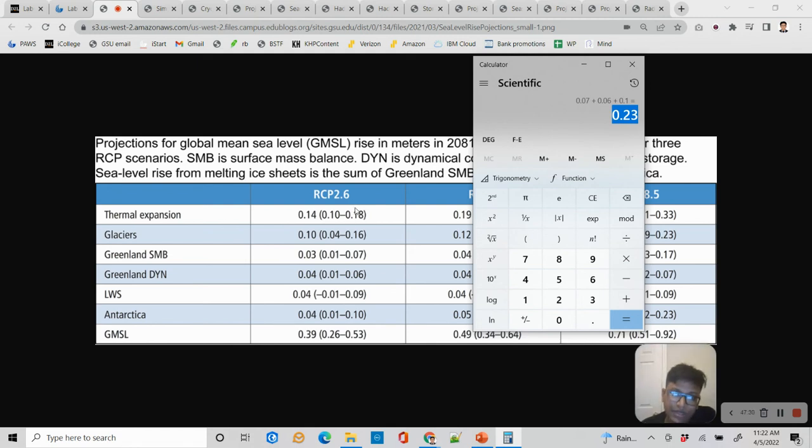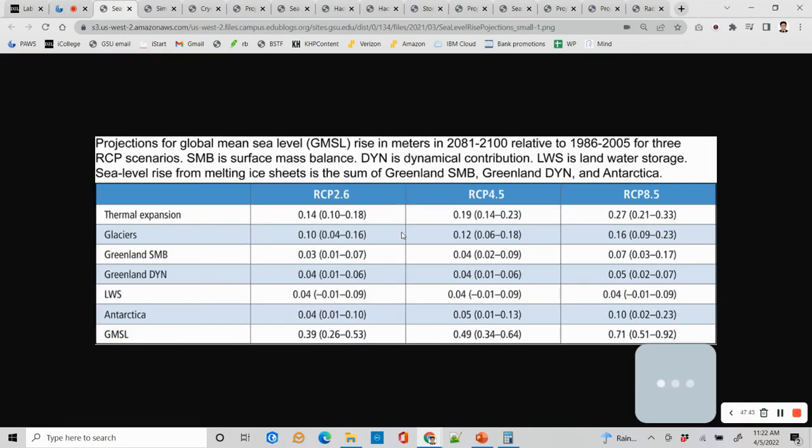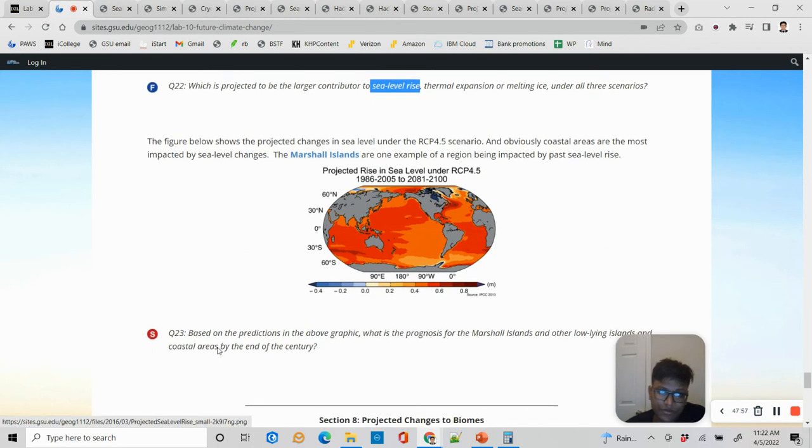So definitely for this scenario, the melting ice has greater impact, right? Greater impact to the sea level rise compared to thermal expansion. So do this for RCP 4.5 and RCP 8.5. If all of those bolster that melting ice is the greater contributor, then your answer should be melting ice. So see for yourself, and answer the question.